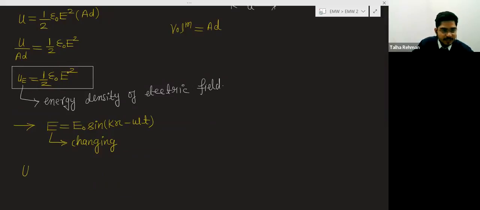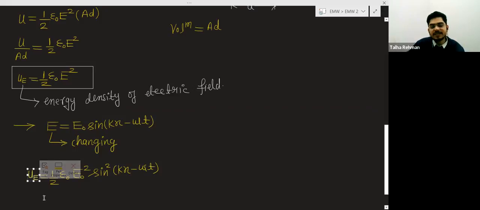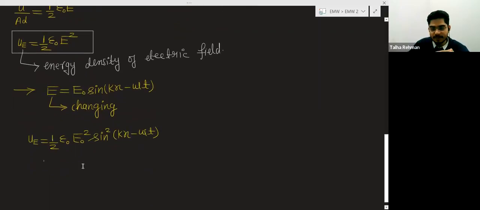So we will get the energy density of the electric field, small u, equal to half epsilon naught E square, and E square is E naught square sine square kx minus omega t.